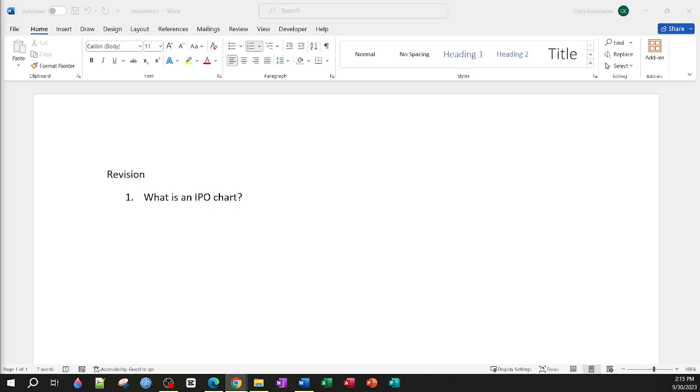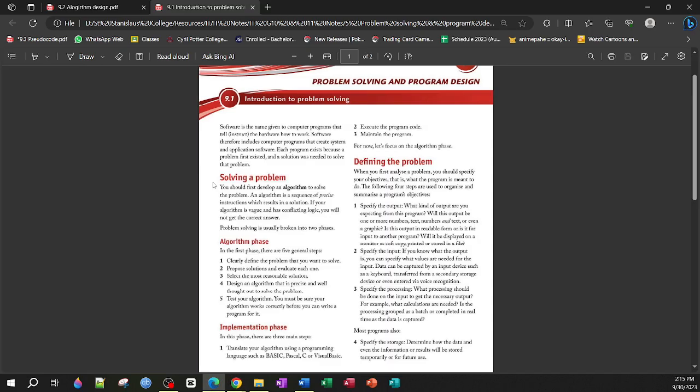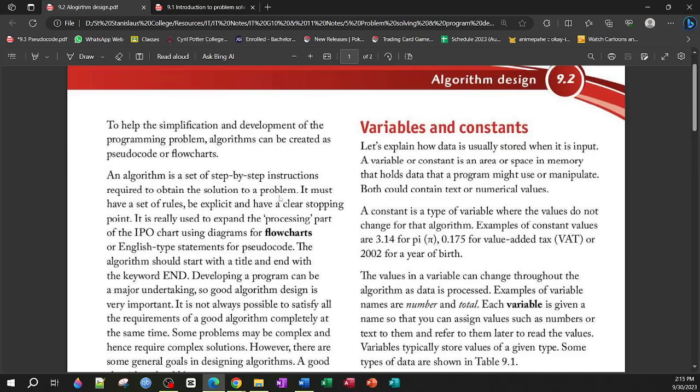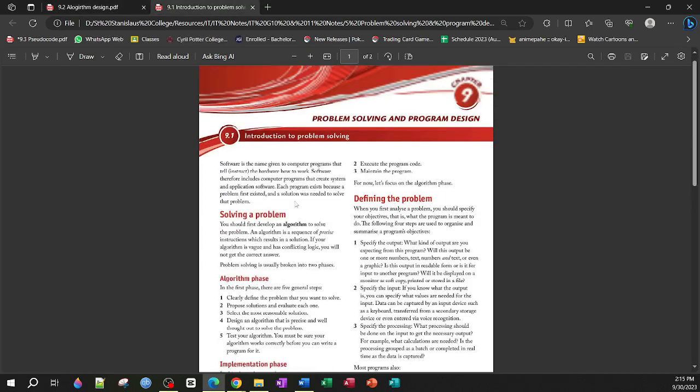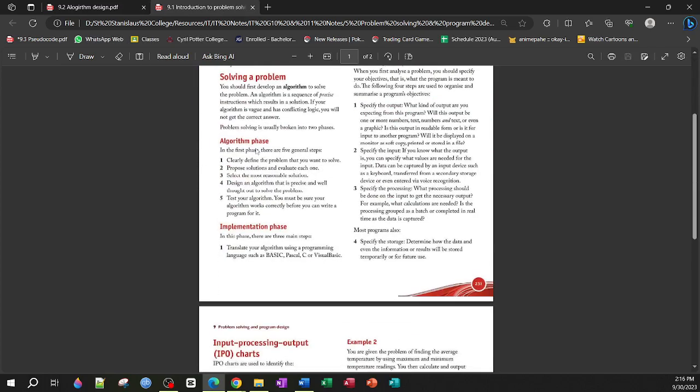What's the next step after the IPO chart? No one? So we're making it for the algorithm.